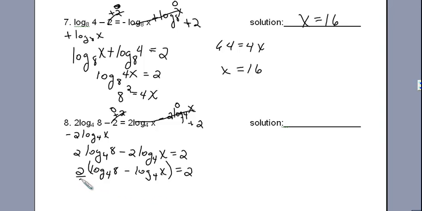If I divide by 2 on both sides, now this becomes 1, and that becomes 1. So I have log base 4 of 8 minus log base 4 of x equals 1.